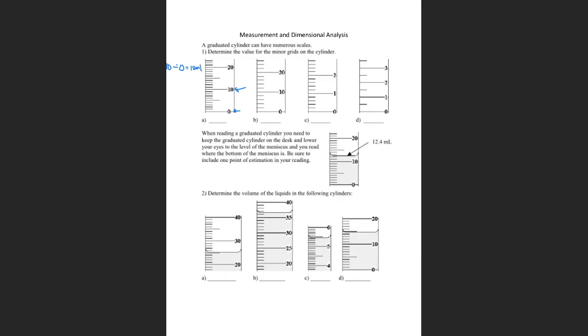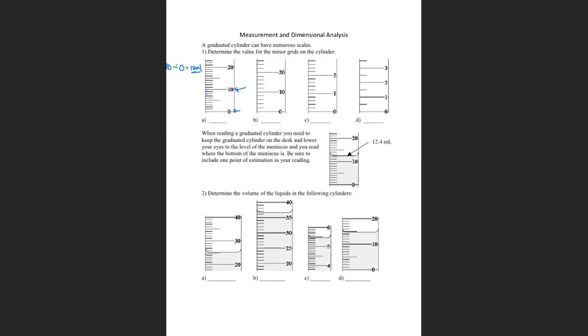For the most part in the lab, graduated cylinders are measured in milliliters. Our goal right now is to figure out what these little spaces between the marked parts are worth. We know we have 10 milliliters, but how many little spaces do we have between the 0 and the 10?